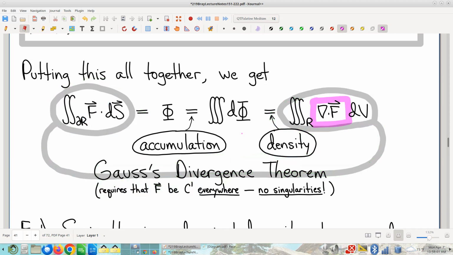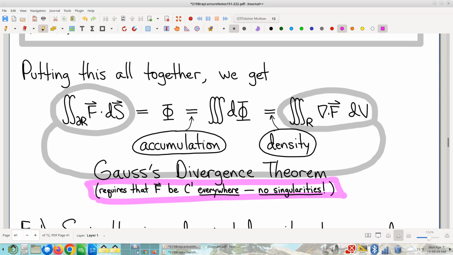Okay, now I've got to say some little formalities here, and this is important mathematically. It's not going to come up super much that these conditions won't be satisfied, but it does happen. We're going to see an example of this happening coming up real soon, possibly today, I'm not sure. But it is important that the vector field be appropriately regular. It has to be not only continuous, not only differentiable, it has to be continuously differentiable.